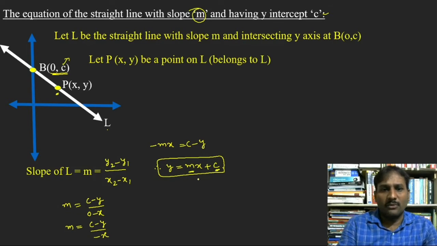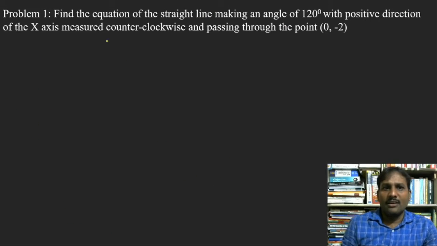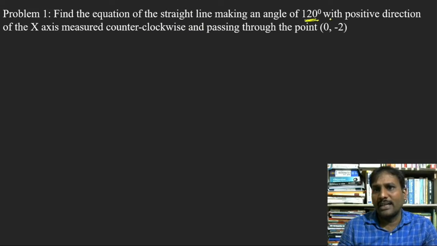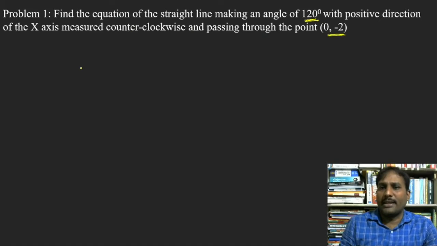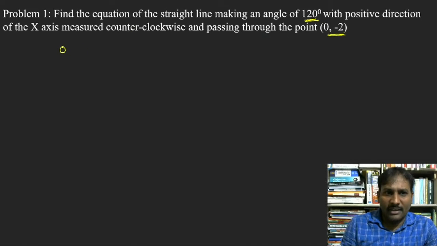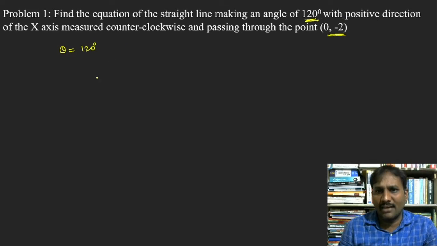Okay, so we will do one problem on this. Find the equation of the straight line making an angle of 120 degrees with the positive direction of the x-axis measured counterclockwise and passing through the point (0, minus 2). Here they have given the angle it is making with the positive x-axis, which means the inclination is given.